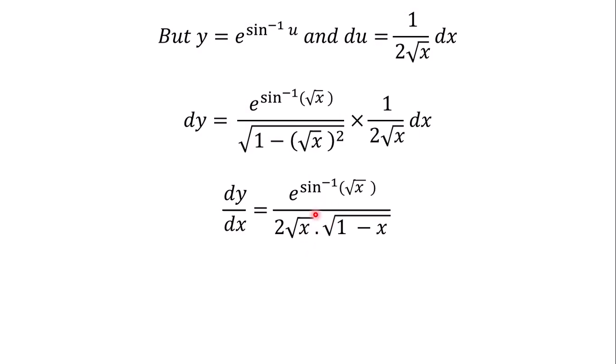When you leave it like this, you are not wrong. Otherwise, yes, rationalize the denominator as I'm going to do. Sometimes the scheme can say when you reach here you are done, or say rationalize the denominator.